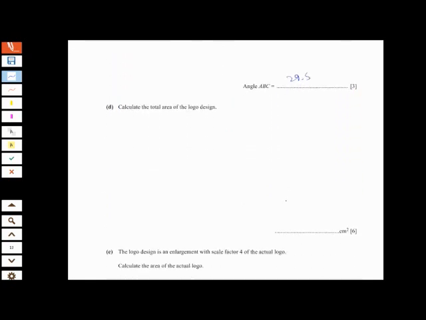Now calculate the total area of the logo design. As they mentioned above, this logo consists of 2 triangles and 1 sector. So let's say sector, then you write triangle 1, then triangle 2.